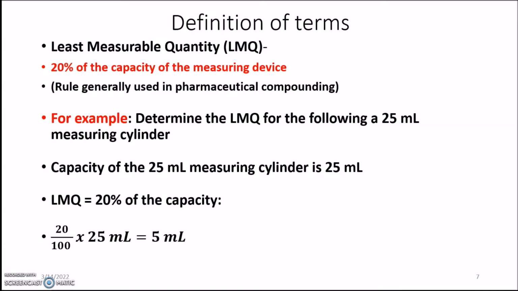What does this mean? It means that an acceptable error is associated with measuring at least 5 mL in this measuring cylinder. The error progressively increases if you should measure volumes less than 5 mL. So we tend to use this rule when we're doing pharmaceutical compounding, that 20% of the capacity of the measuring device is our least measurable quantity.